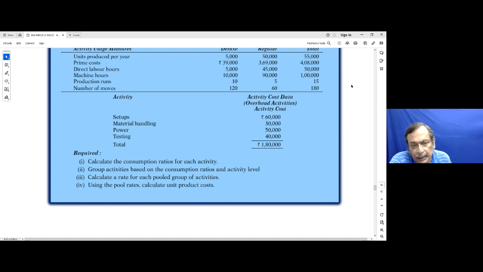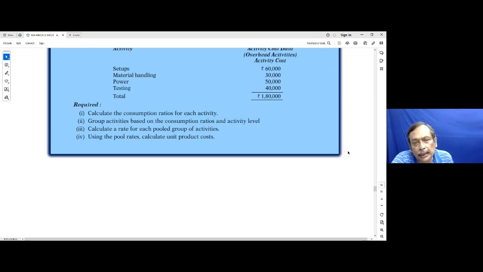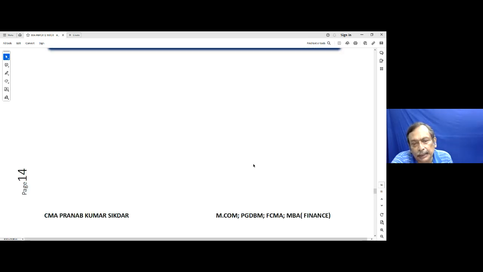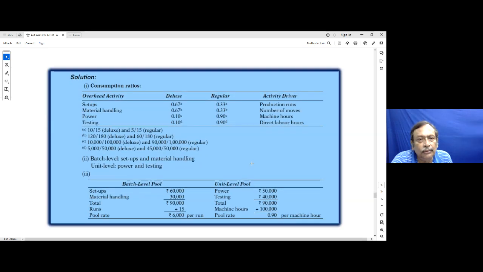Number three, calculate a rate for each pooled group of activities, so you are going to create the cost pool. Number four, using the pool rates, calculate unit product costs. So there are four specific questions. Number one, calculate the consumption ratios for each activity. So we are going to calculate the consumption ratios for each activity as under. Just have a good look.